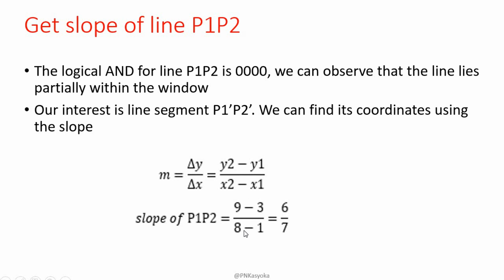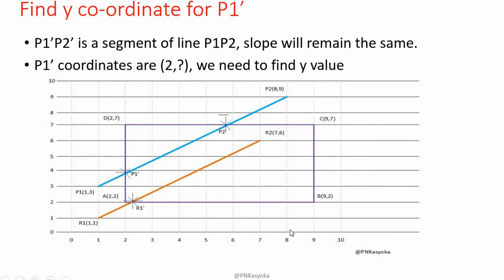And if we substitute those values, we'll be able to get 6/7 as the slope. Now we can use that slope for the segment for us to be able to get these coordinates for this particular segment that we are interested in, because any segment of this line would have the same slope value.